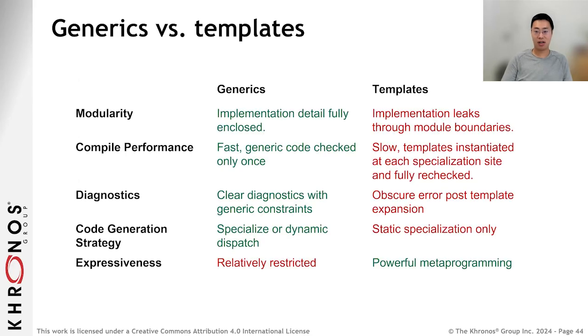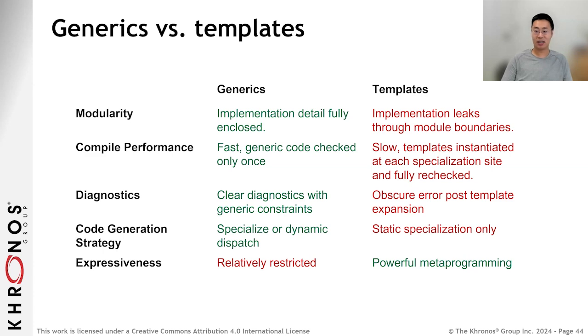We can compare generics and templates from different angles and discuss their pros and cons. For example, for modularity, I think generics is a win because it allows the generic function body to be fully hidden from the use side. We can compile the generic function to IR directly and specialize it in the backend. So when the compiler checks the call of a generic function, it only needs to know the signature of that generic callee, and it does not need to know the body of that function.